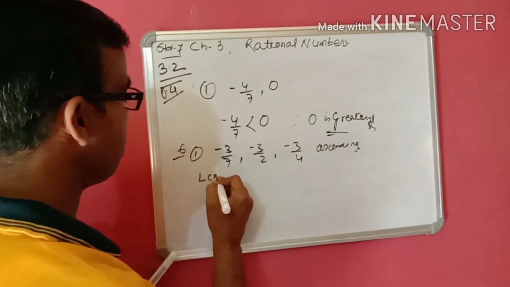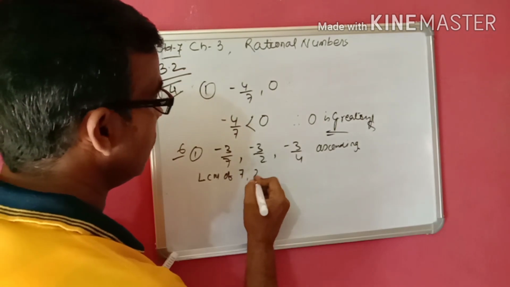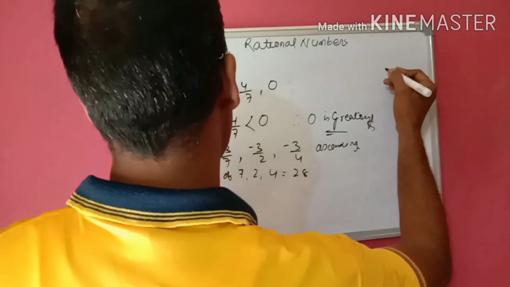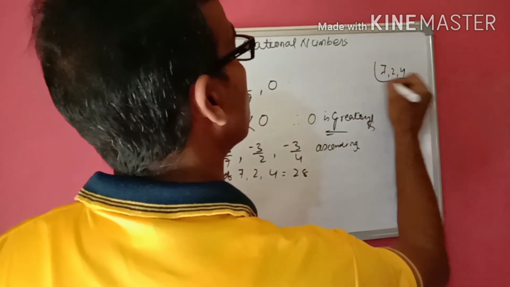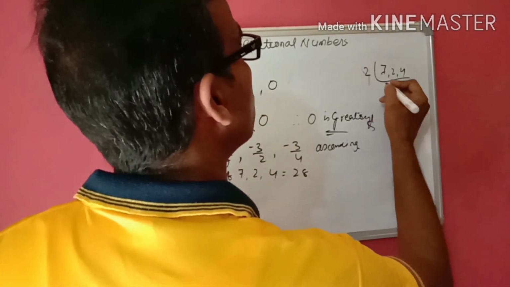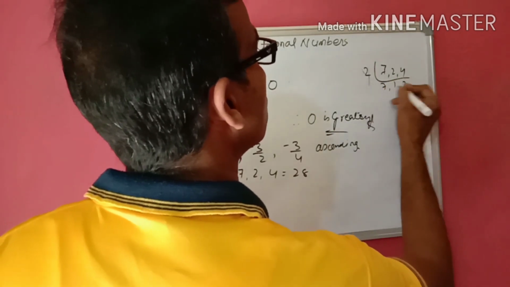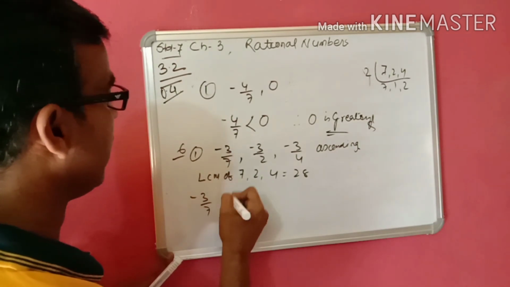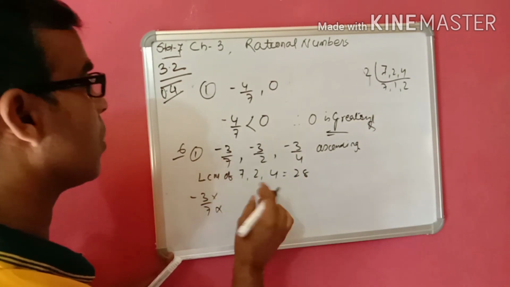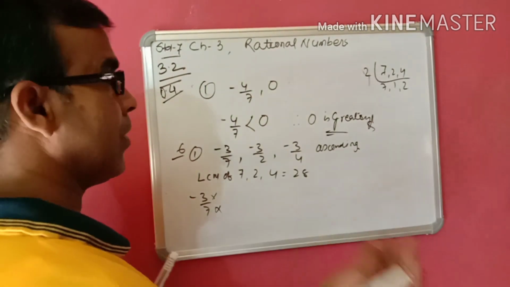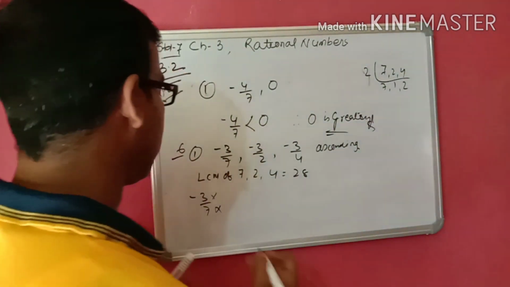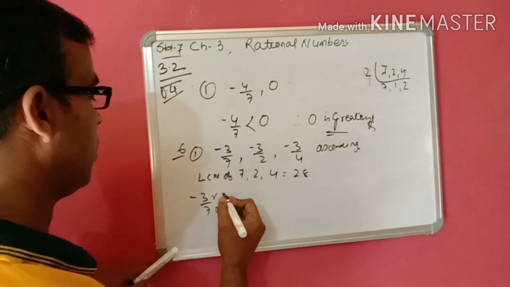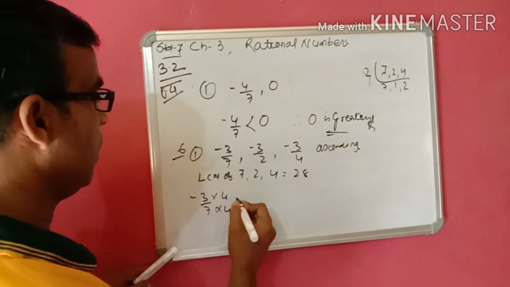Therefore the LCM of 7, 2 and 4 will be 28. Now for minus 3 by 7, I have to make the denominator 28, because we have to make the denominators the same, then we can understand which one is greater and which is smaller. So this is 7, so I have to multiply by 4 to make 28.